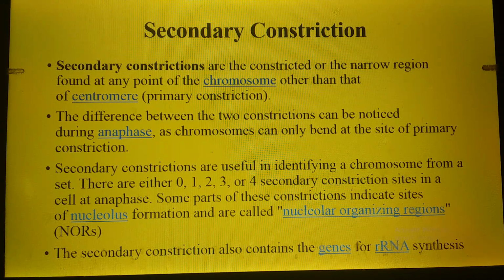Now the difference between the two can be noticed during anaphase. Chromosomes can bend during anaphase, which is a stage of mitosis and meiosis both. At anaphase, ana means opposite, phase means stage. At anaphase, what will happen?